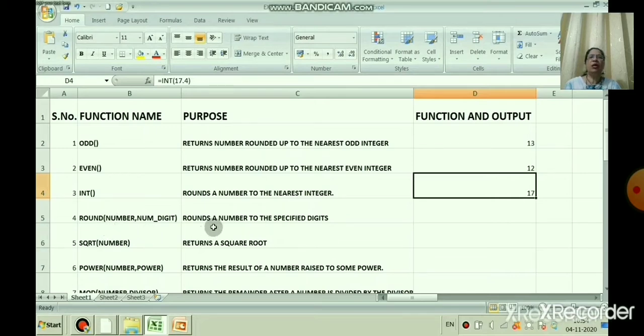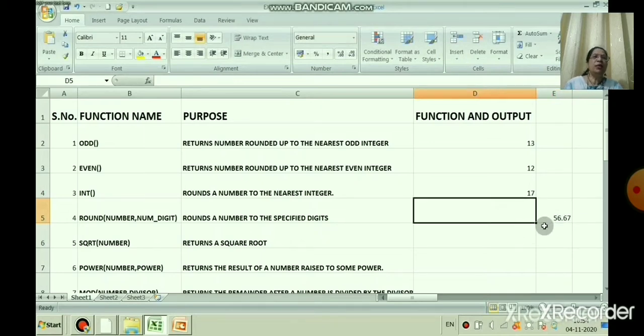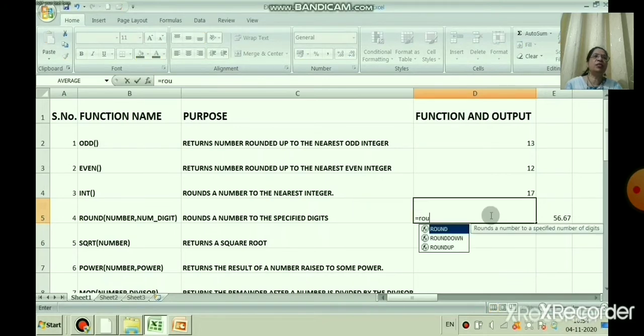Same thing, now ROUND, okay. In that ROUND, for example, if you are doing a percentage, it rounds a number to the specified digit. Now, suppose here for example, I am writing 56.67, okay, that is a percentage. I want to round it up, right, actually 57, right, it is 56.67. In Excel, how to do it?